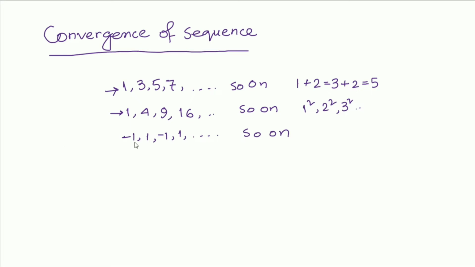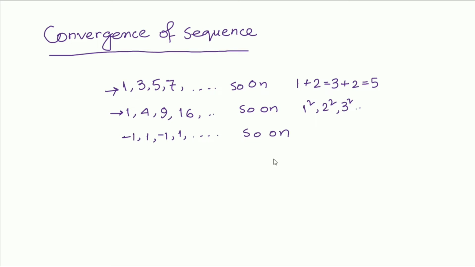Again, here the first term is -1, the second term 1, the third term -1, the fourth term 1, so obviously the fifth term is -1. So this is also a pattern. So we see that a sequence is nothing but a pattern of some numbers.